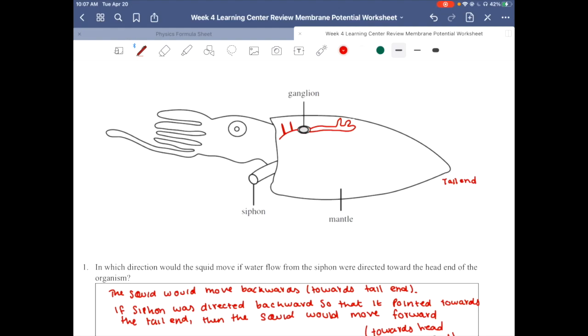So we need to draw the third neuron from the ganglion again all the way to the tail end. So this is one way to draw the different regions within the mantle and the nervous innervation.